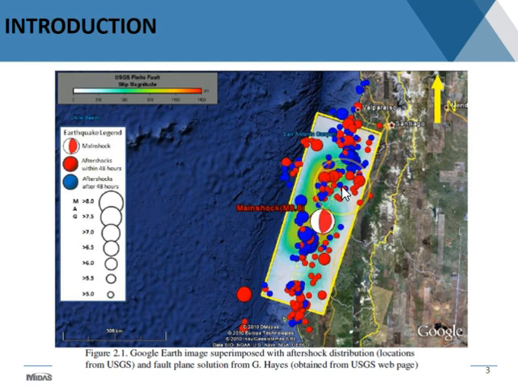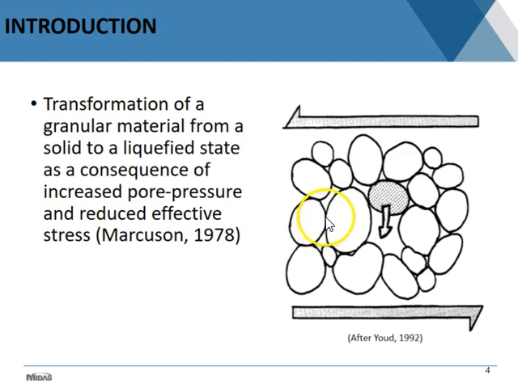Now, in this case, and for this presentation, I'm going to focus on liquefaction of soils, okay, and the effects that liquefaction has on pile-supported structures. Now, when I talk about liquefaction, I like to use this definition by Marcuson in 1978 about the transformation of a solid material that used to have some stiffness and some strength to offer to whatever kind of structure you had to put on top of it.